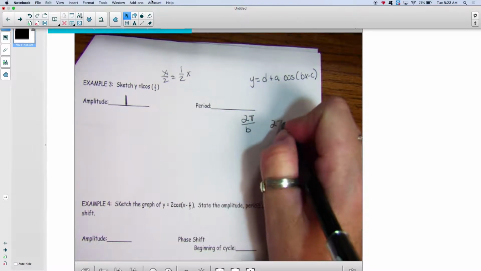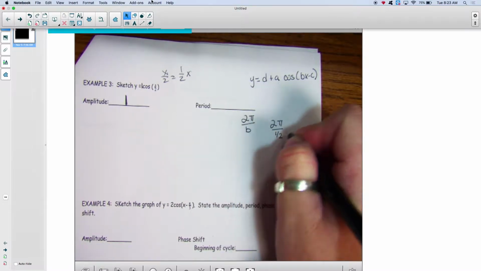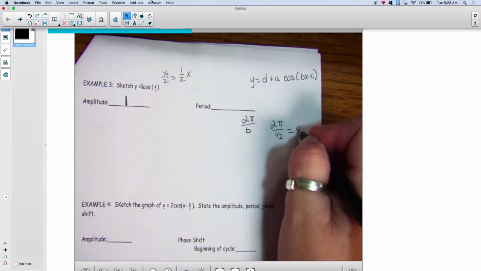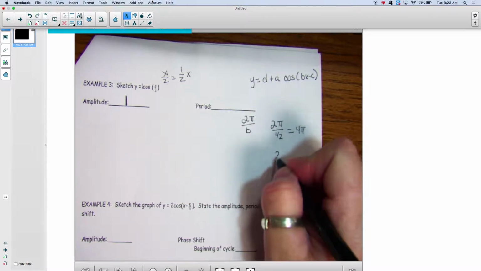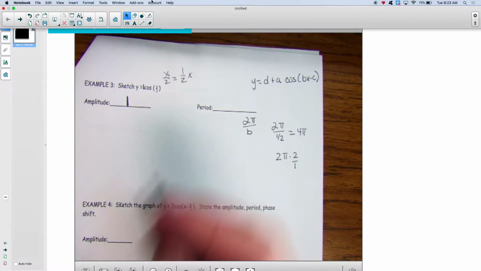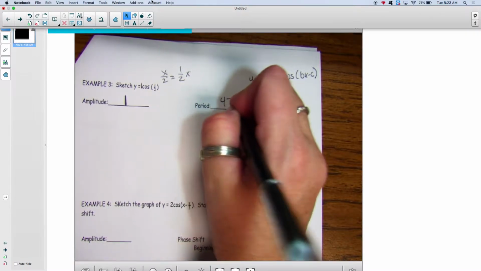So we're going to take 2 pi divided by 1/2, and what do we get? 4 pi. Because dividing by 1/2 is the same as multiplying by its reciprocal. So we have a period of 4 pi.